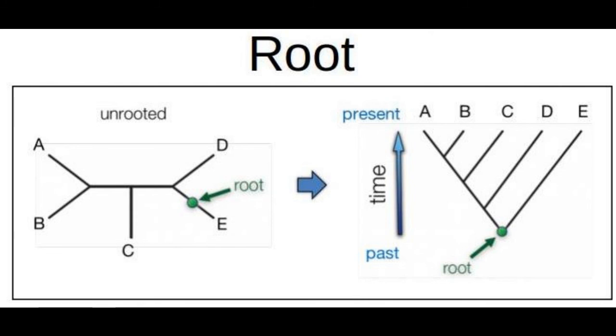So this software is a prediction method for generating phylogenetic trees. During the prediction, we convert unrooted phylogenetic trees to rooted phylogenetic trees by using the outgroup identification mechanism.